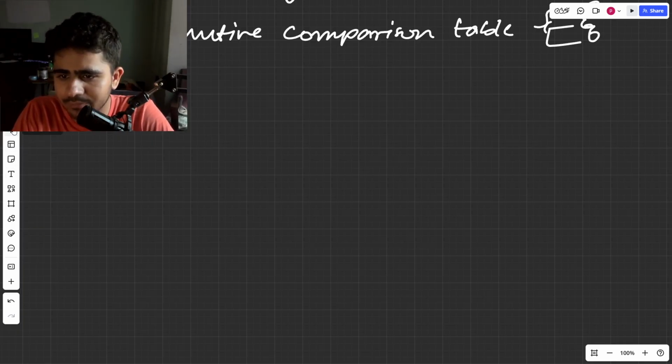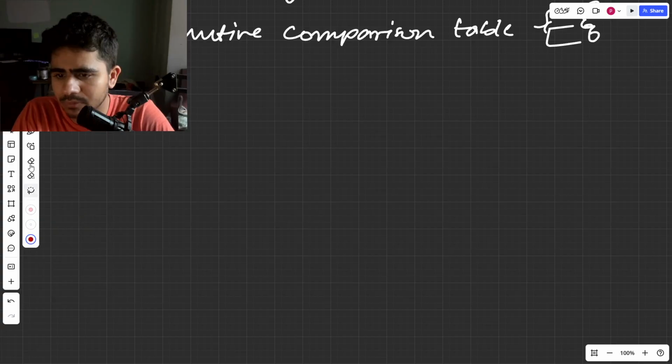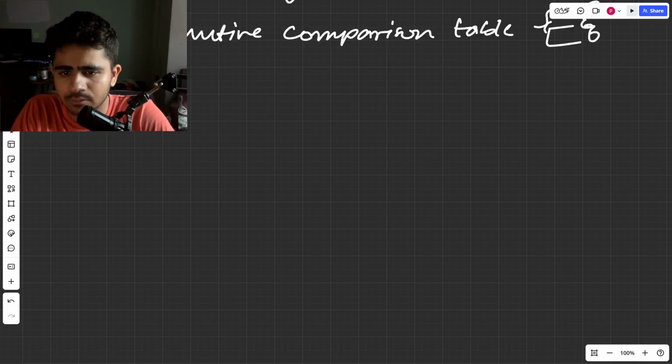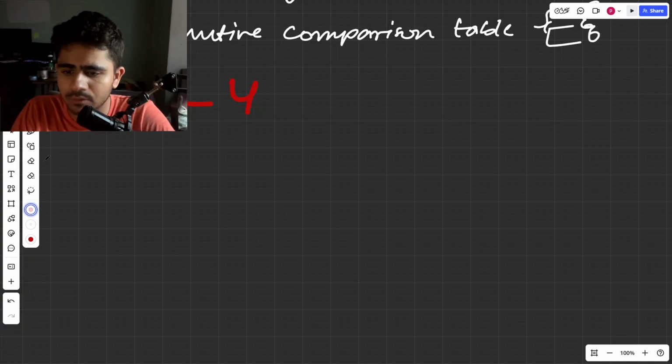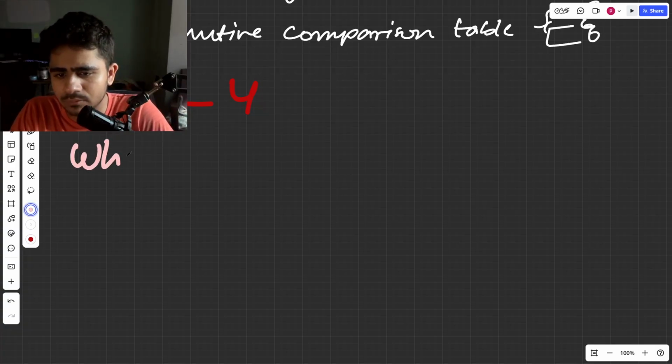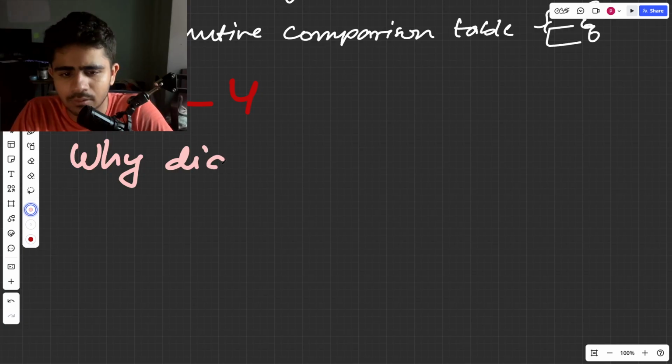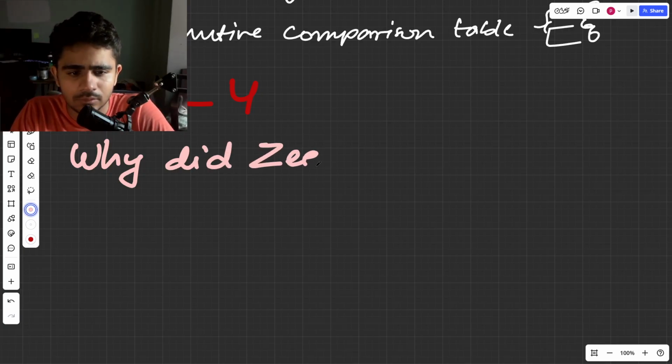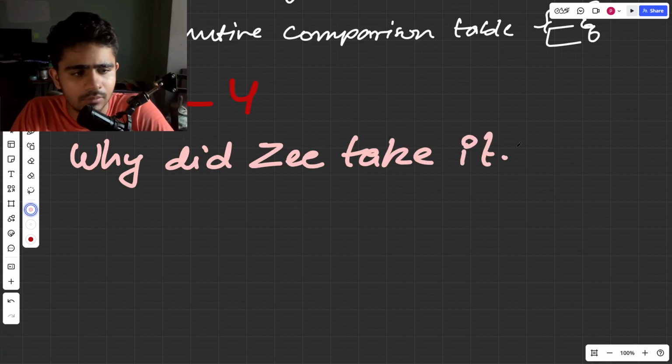Now we can go to slide 4. Slide number 4 is why did Zee take it?